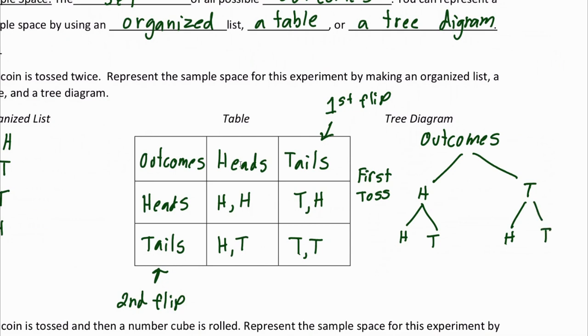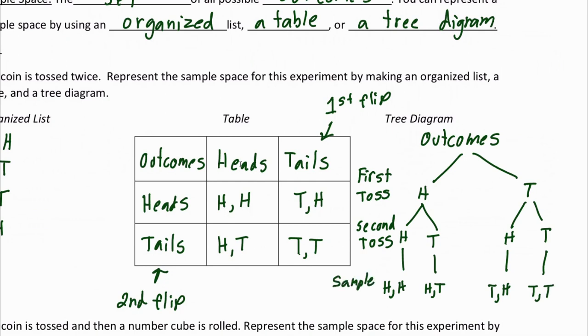This is representing the second toss. Then we would write our sample space: first flip was heads, second flip was heads. First flip was heads, second flip was tails. First flip was tails, second flip was heads. And first flip was tails, second flip was tails. This is representing that sample space, which again is all those possible outcomes.